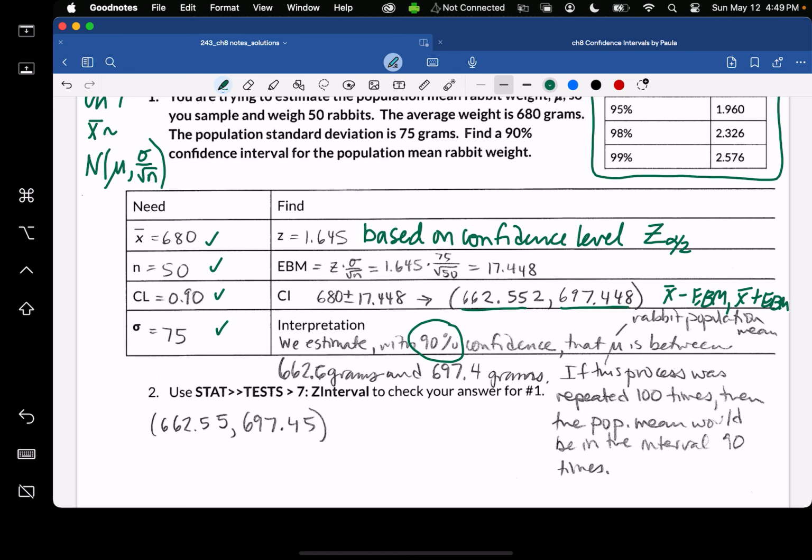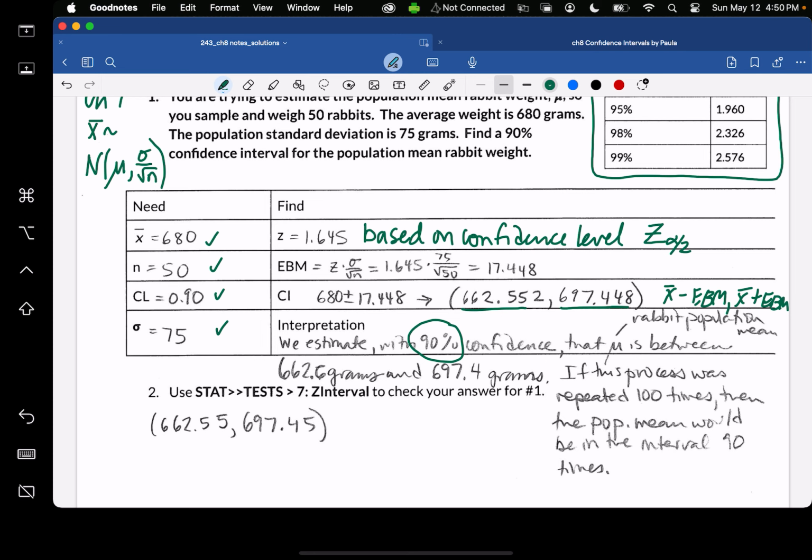If you repeat that process 100 times, 90% of those times we would capture the population mean in the interval. So there would be 10 times where our interval doesn't contain the true rabbit population mean, but 90% of the time we will. So that's what the 90% confidence level means.